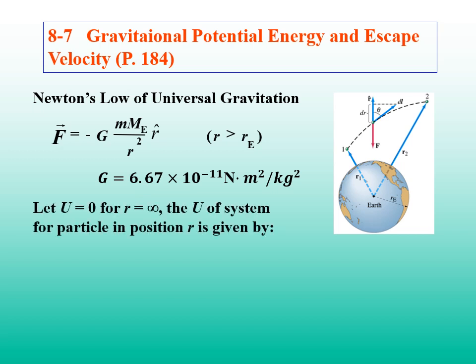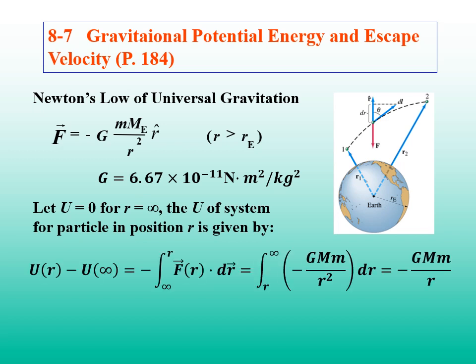So, we let the gravitational potential energy U equal 0 for r equals infinity. Since the change in potential energy is always defined as the negative of the work done by the conservative force, we have U(r) minus U(infinity) equals minus the work, the integral from infinity to r, which equals the integral from r to infinity.